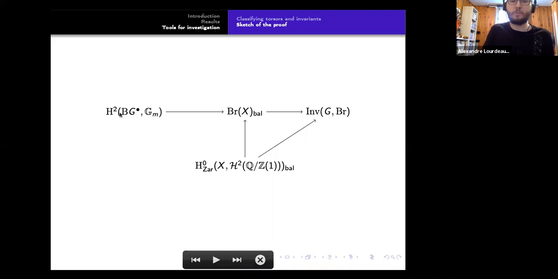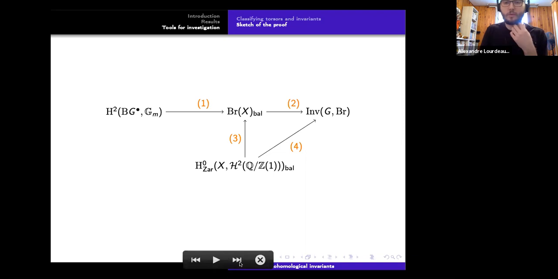First, the map from H2BG point factors through the balanced group of Brauer X, and also from the unramified cohomology of X. We can go directly to the group of invariants, or we can go through the Brauer group of X. I labeled the morphisms.